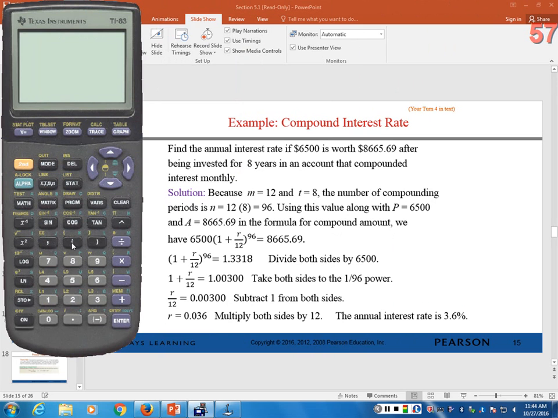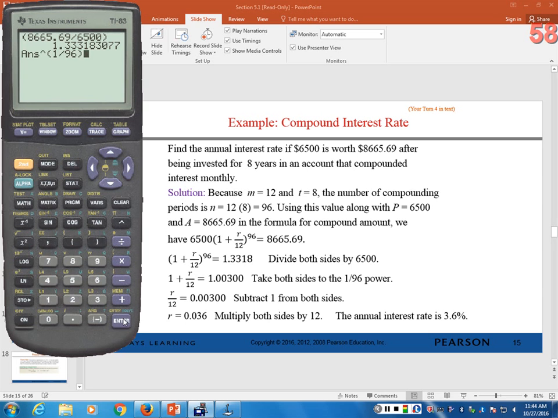You take your 8665.69 divided by the 6,500, and raise that to the power of 1/96.